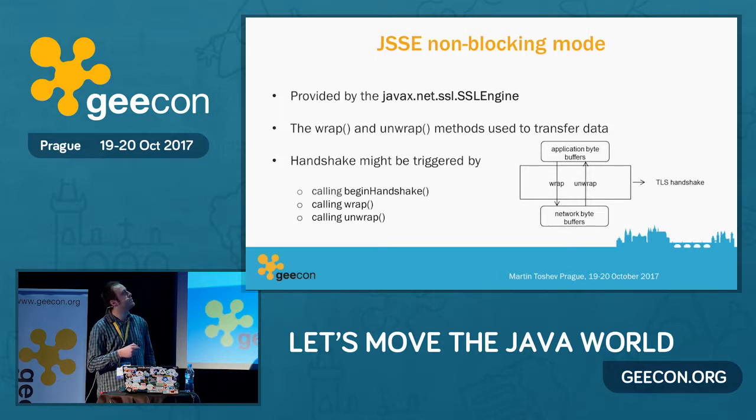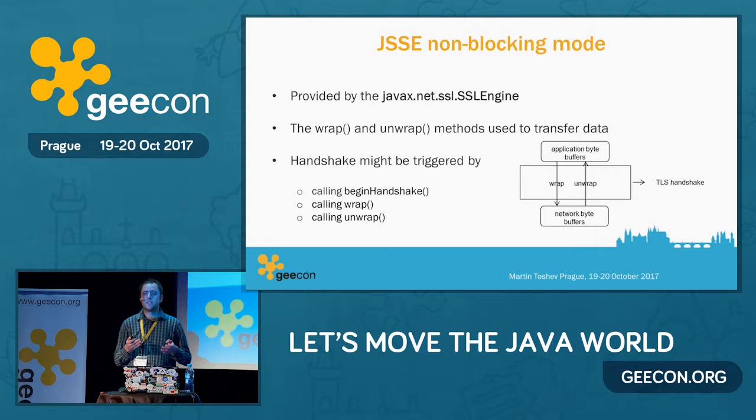These are the wrap and the unwrap methods that are provided by the SSL Engine API. And on the picture on the right side, you can see basically what the flow is for using SSL Engine. Basically, you have the so-called application byte buffers. These are buffers that interface the application protocol, where you write messages that are non-encrypted.